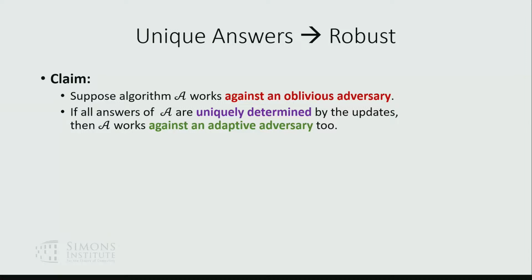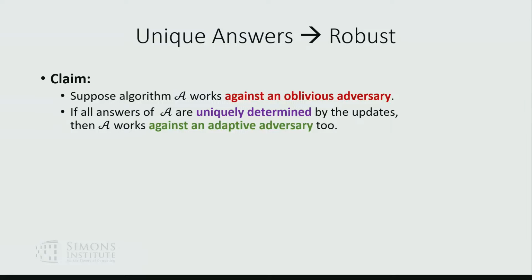Think of a deterministic algorithm. But it doesn't need to be deterministic. If your answer is just determined by the update sequence, then I claim that this algorithm itself actually already works against an adaptive adversary.